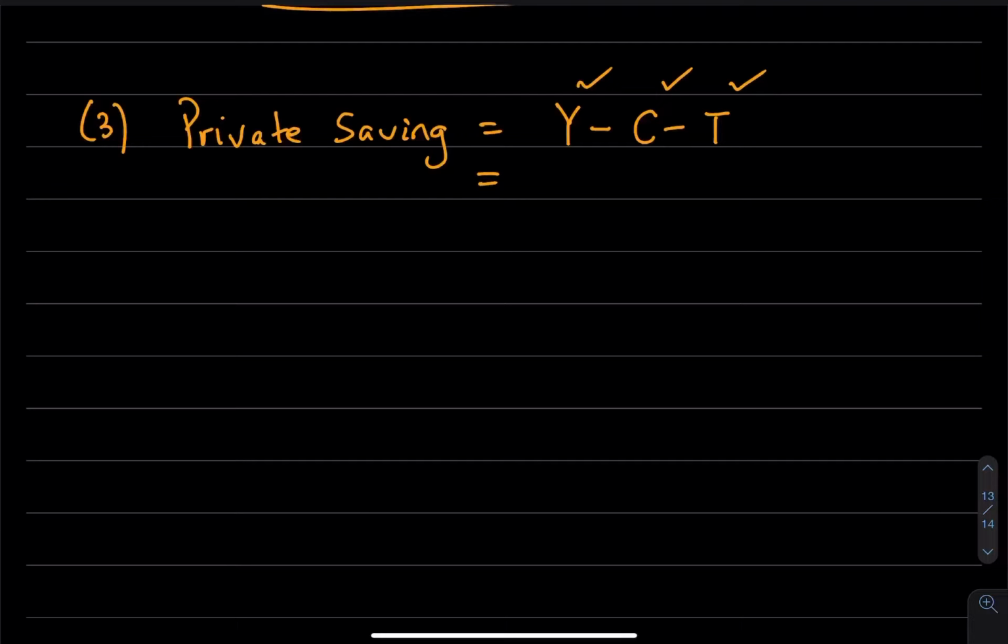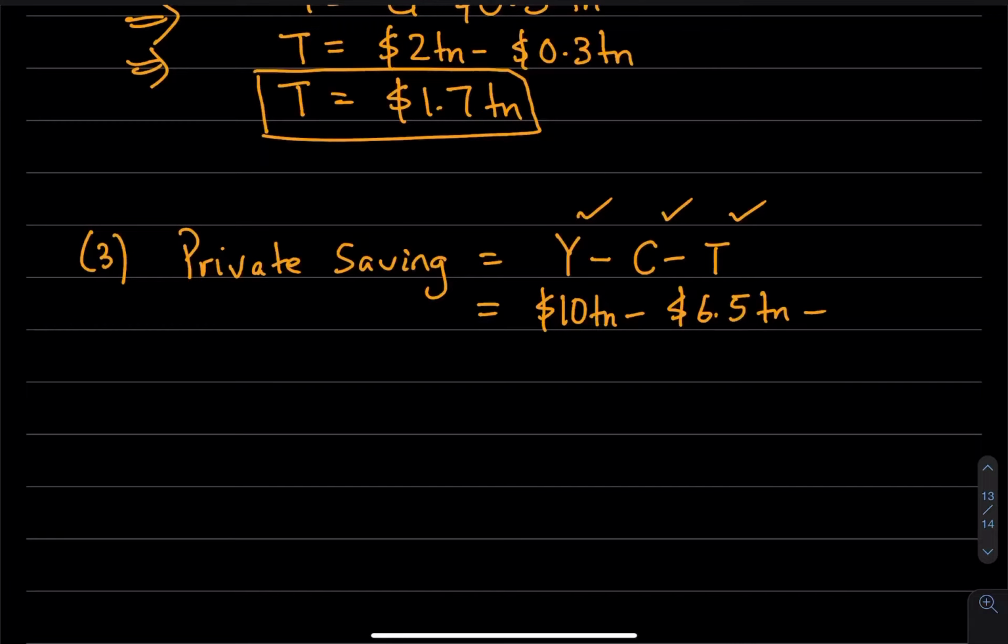This is $10 trillion minus $6.5 trillion minus the net taxes we calculated to be $1.7 trillion. And so if you subtract 6.5 and $1.7 trillion from $10 trillion, you're going to get $1.8 trillion as your private savings.